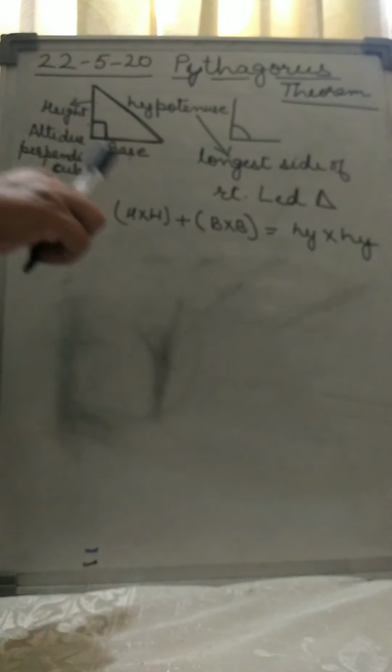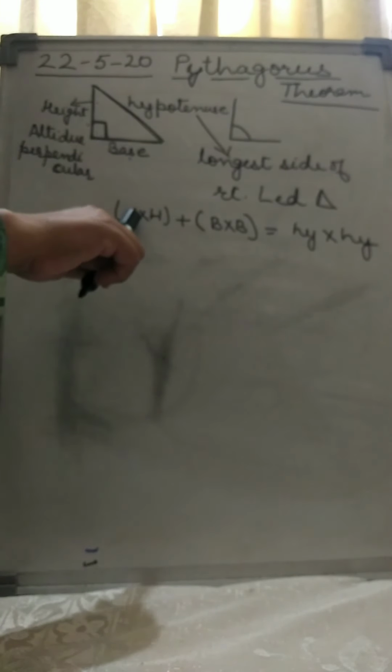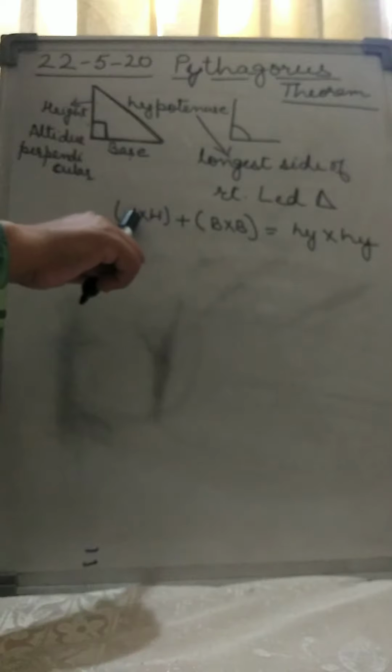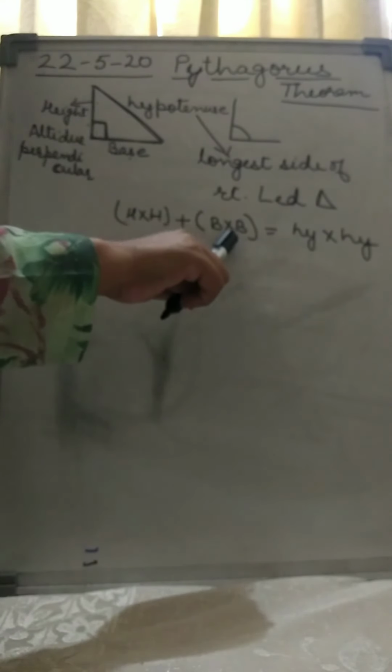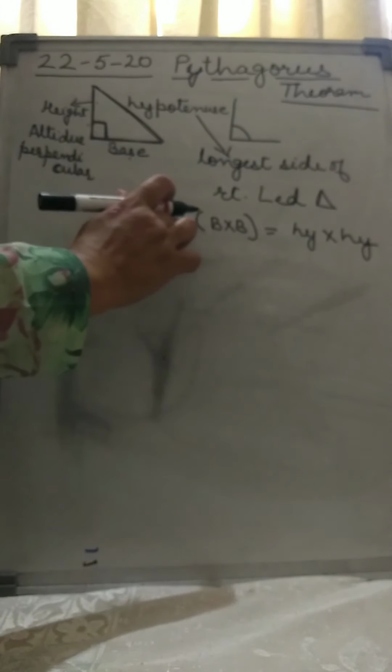We multiply the height 2 times, we multiply the base 2 times, and their sum, means we are going to add them.